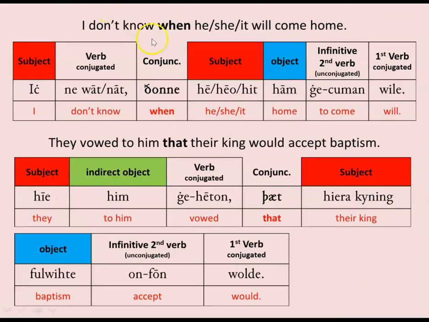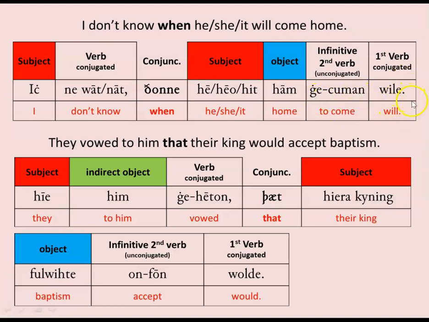All right. I don't know when he, she, it will come home. So you've got three different sentences in there. When we can use thona for the subordinate conjunction. First sentence, ich newat or ich nat. I've covered that in the previous video. I'm not doing that again. Subject here in the secondary or subordinate clause: he, heo, hit. He, she, it. Harm, home. Yukuman, willa.